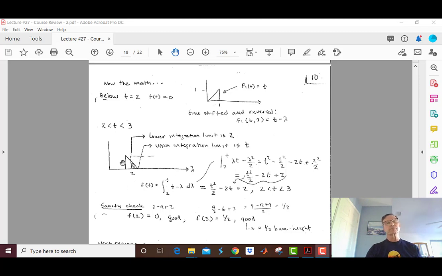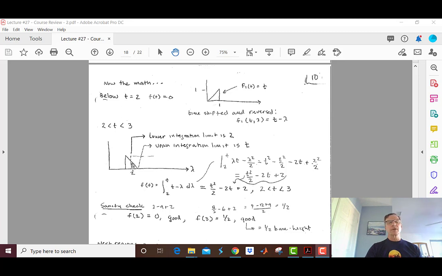And so our integral, our lower limit is going to be 2, because you can see that as you slide the triangle, that lower limit is going to stay right where it is.